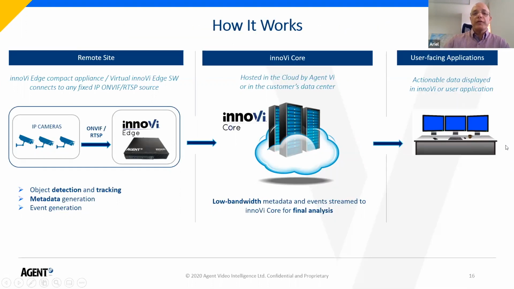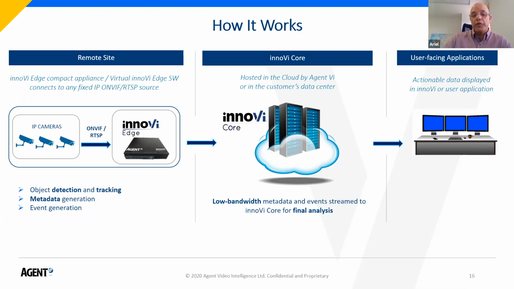One of the things that is important is that, because we decided to work on remote sites, local sites, sometimes sites have 5 cameras, sometimes they have 500 cameras. We had to make sure that the cost of the edge is very reasonable. This is why, from the very beginning, we decided not to work on GPUs, which are expensive.